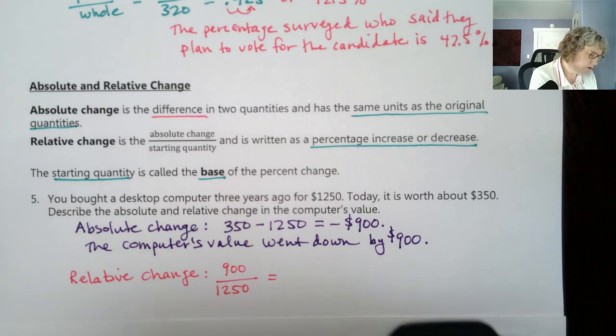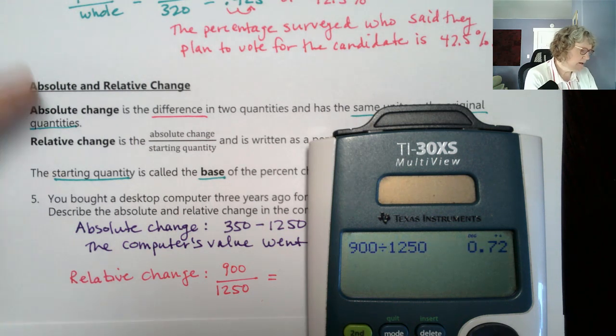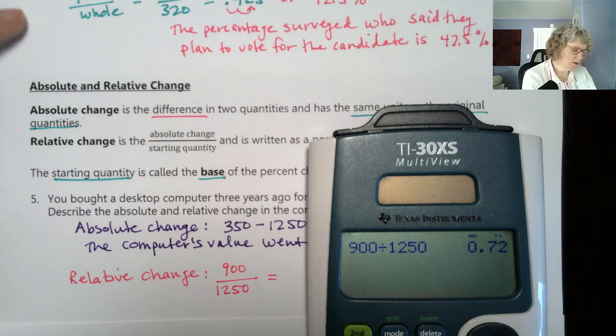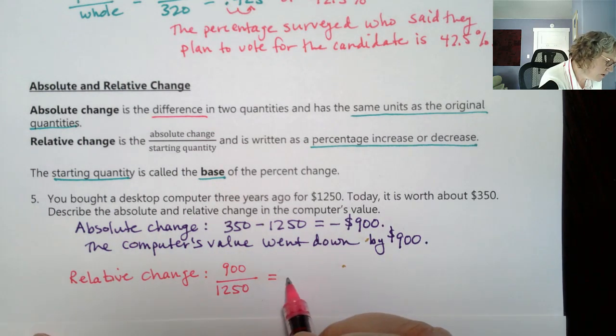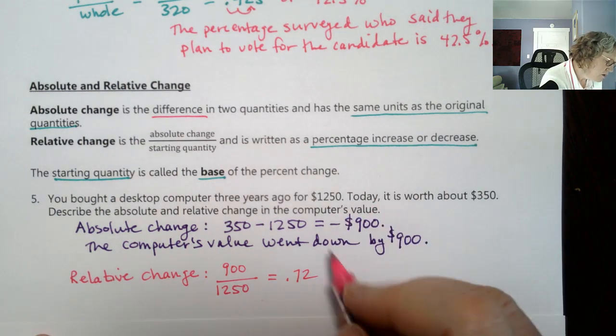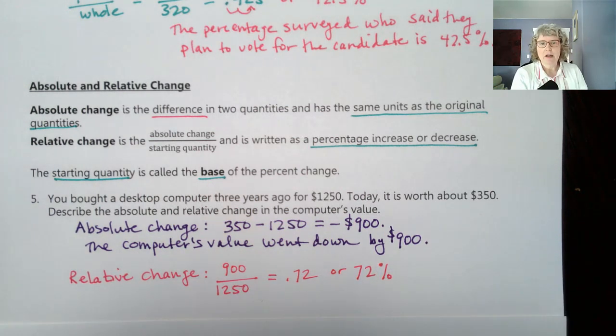But it's not wrong if you put the negative on the 900. 900 out of 1250 will tell us, kind of like we did on the previous question, gives us a percentage. So 0.72 or 72%. So the computer's value went down by 72%.